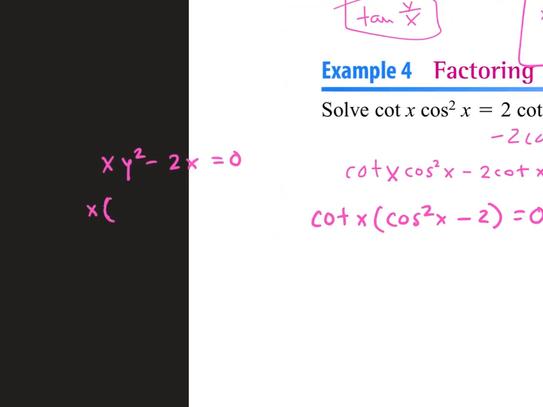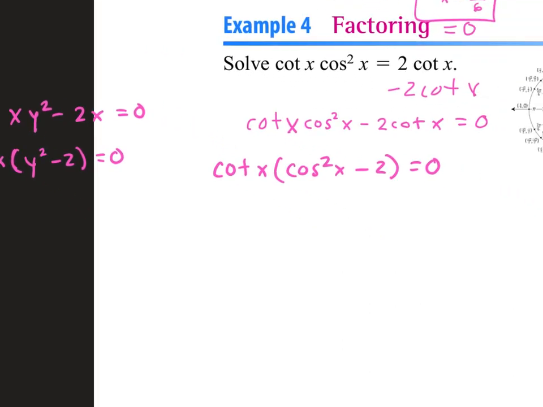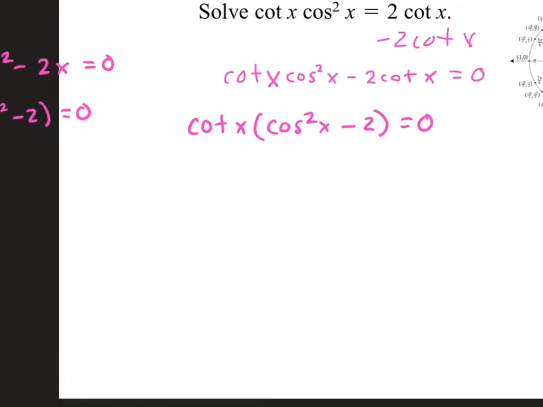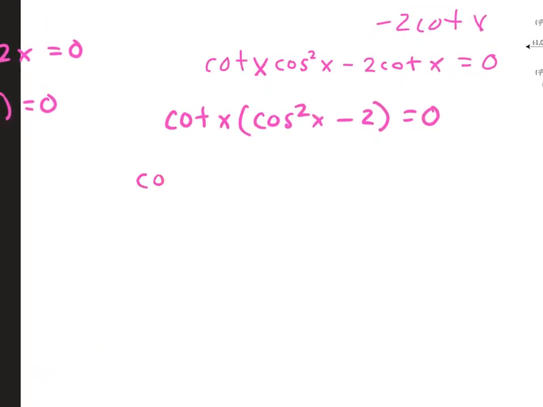We took out an x. So we have y squared minus 2 is equal to 0. How would we solve this now? Break them up and solve them separately. Perfect. It doesn't really make any sense with a y, but I'm glad you noticed anyways. So we break them up. We have cotangent x is equal to 0, and cosine squared x minus 2 is equal to 0. So now we just have two separate problems.